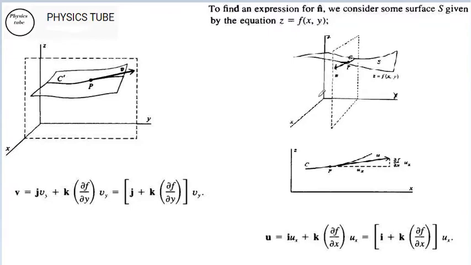Suppose this is my xyz plane, a three-dimensional concept, and I have a surface S like this, an arbitrary surface, and this is my point where u is one of the vectors in this direction. If so, I can easily elaborate this further: I can consider that to be in the xz plane, because this is parallel to the xz plane.